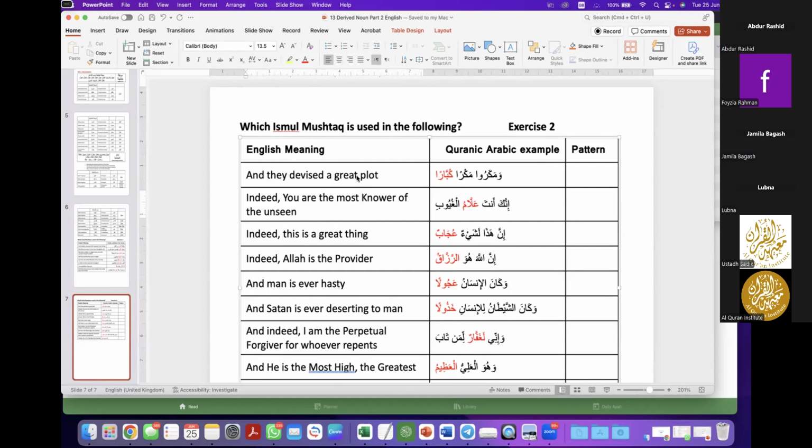Ujabun, coming from ajib, I think, like strange, so it is a kind of description. And it is fu'alun pattern. So I think it is ismul mubalagha because it also says great things. So great meaning, most great kind of.